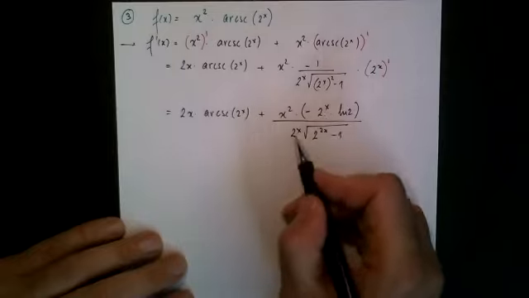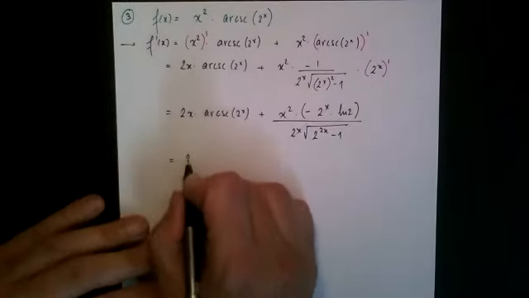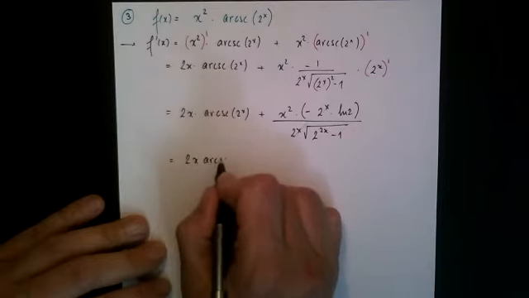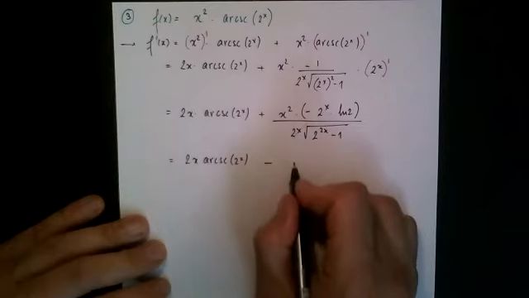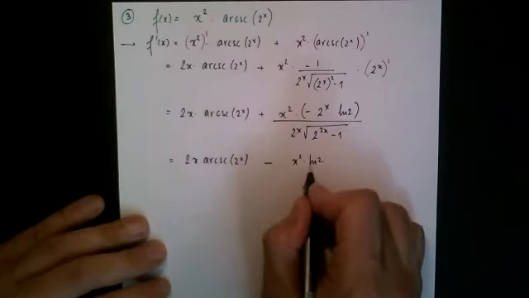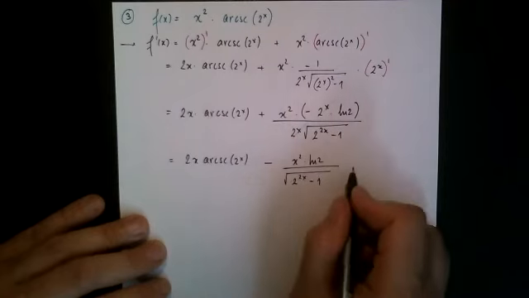And of course, the 2x's could cancel. Just going to make it nicer. And so I get 2x arccosecant 2 power x minus x² ln 2 over square root of 2 to the 2x minus 1.